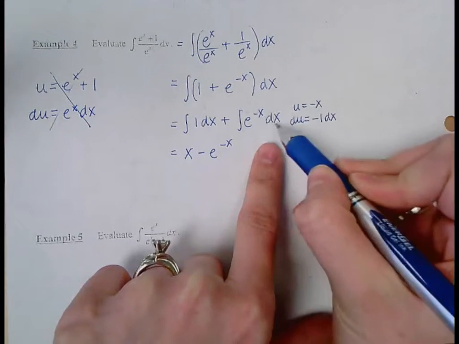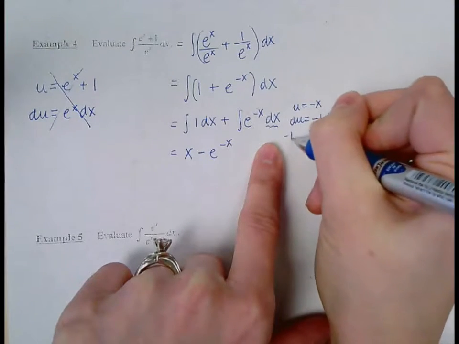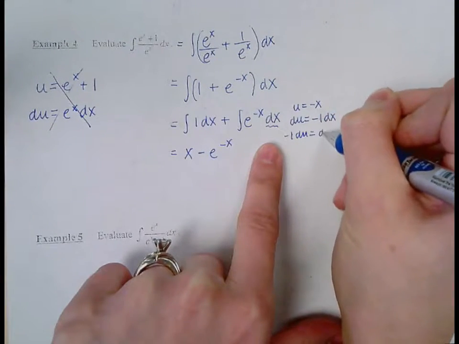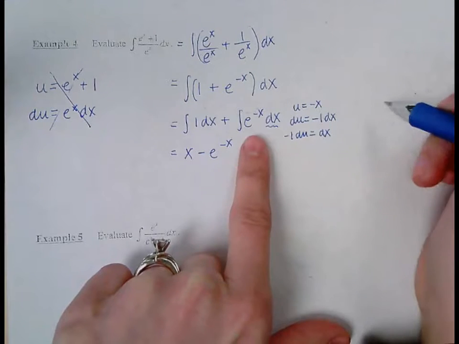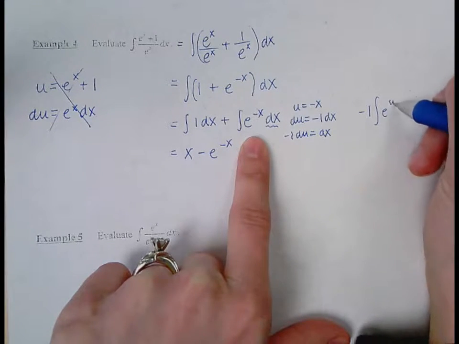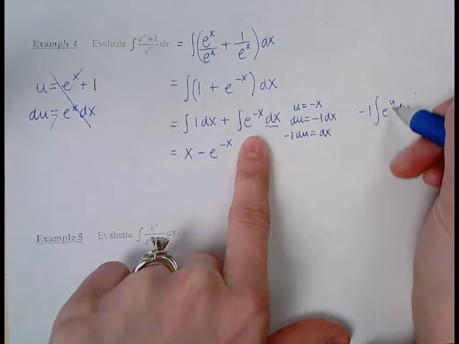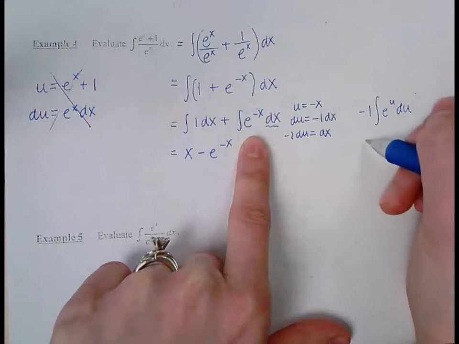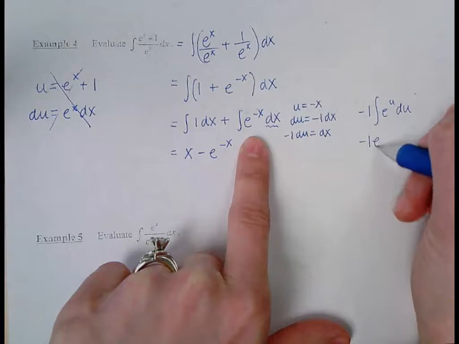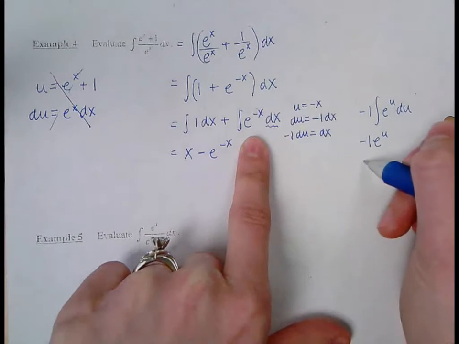I have a dx, I don't have a negative 1, so I would have to put the negative 1 in front. I would then have negative 1 times the integral of e to the u du, which the antiderivative of e to the u is e to the u, so it'd be negative e to the u, and then I would just put the negative x back in.